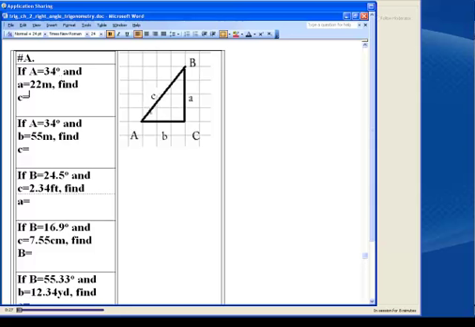If angle A equals 34 degrees, and a is given as 22 meters, find the hypotenuse c. Notice that a is the side opposite the angle, and c is the hypotenuse, so we're going to use sine.